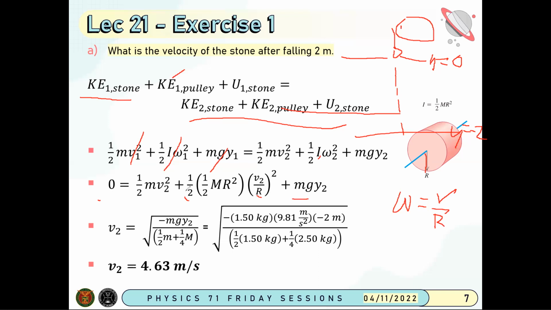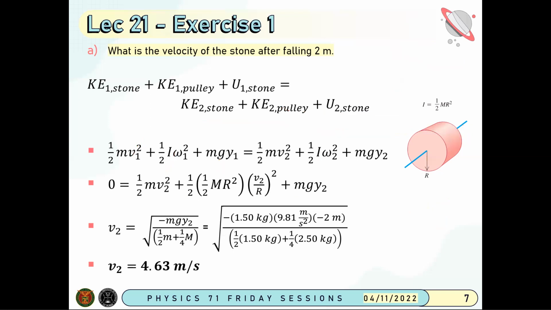So with this, we isolate v squared, the velocity squared. Okay. So let's clear everything up.